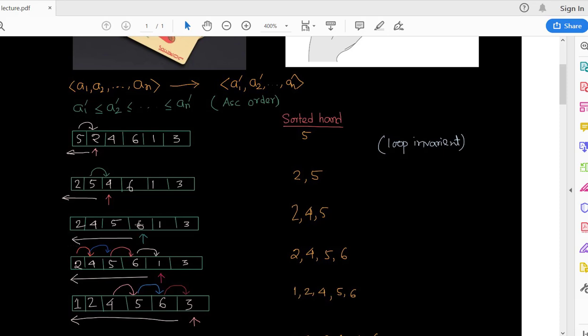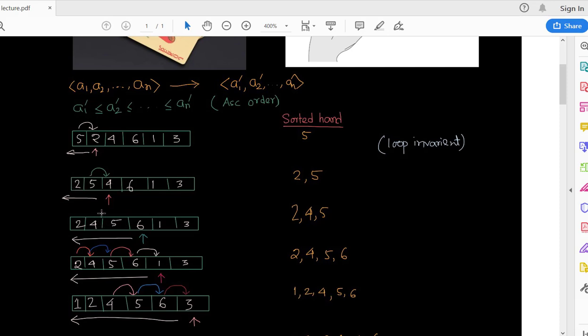If you see this 6, we started with this 6 and compared it with 5. 5 is not greater than 6; only if it is greater will it shift, otherwise it will not shift at all. Maybe this is not the best example, so I'll take the example of 4. 5 is greater than 4, that's why 5 moves one position, and 4 comes between 2 and 5, because 2 is not greater than 4, so 2 does not shift from its position.